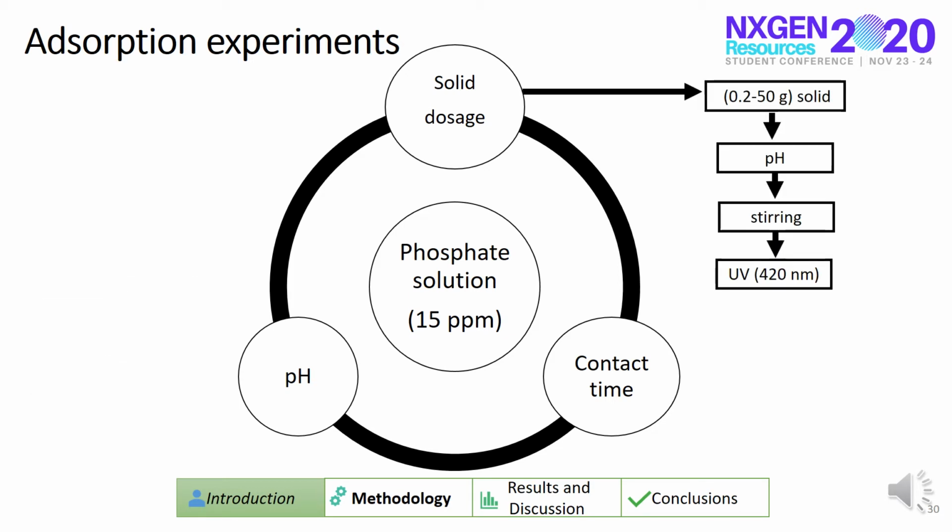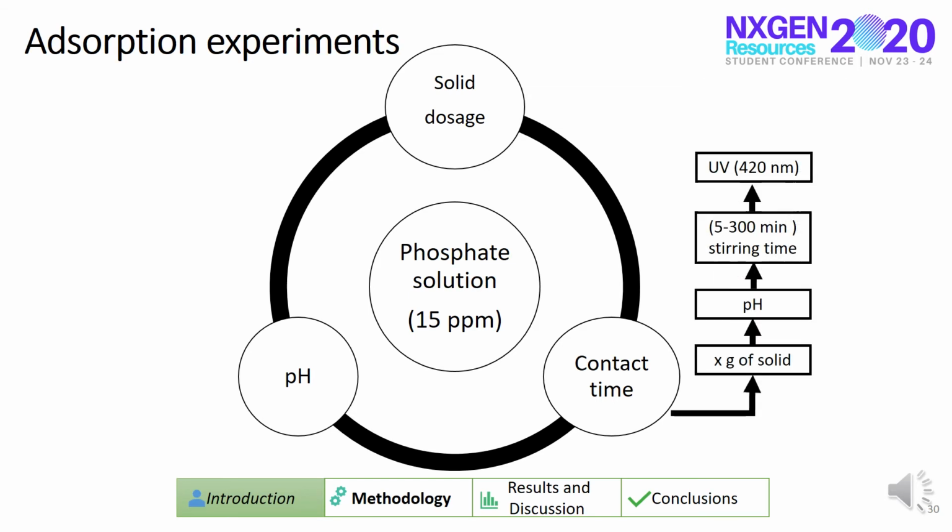The effect of solid dosage was carried out at different dosages of solids, using the pH with the best results from the pH study. Contact time experiments were also performed applying the best results for pH and solid dosage.